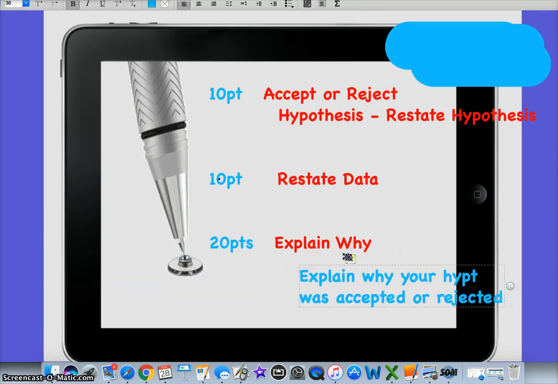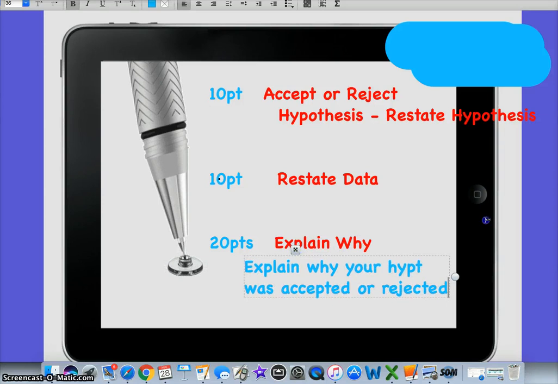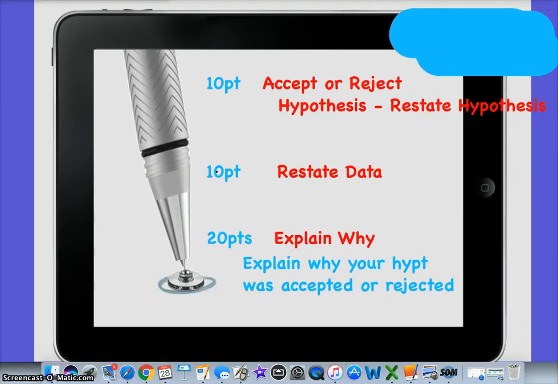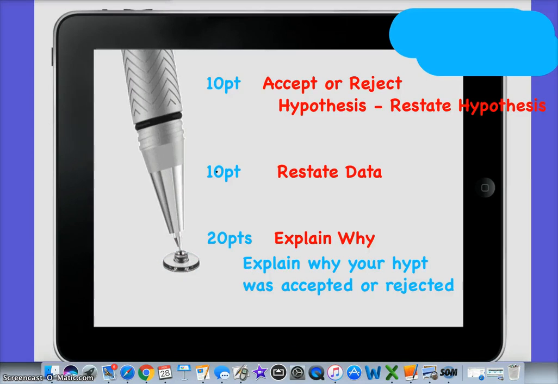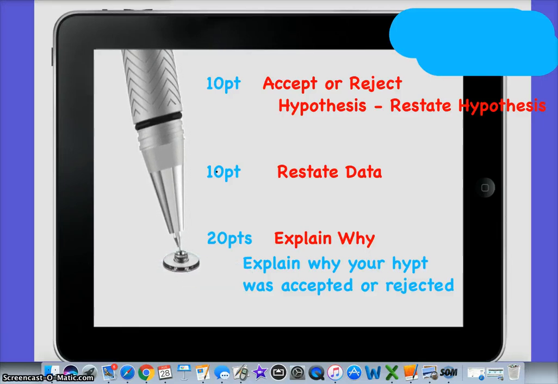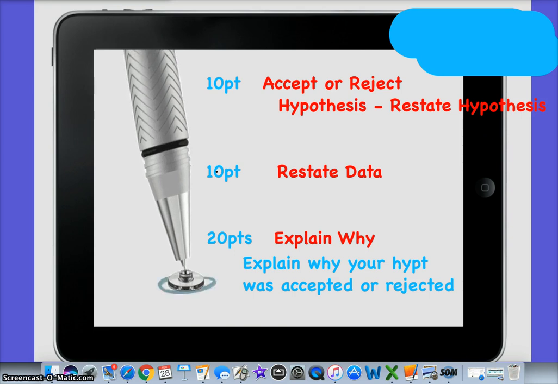If you can explain why it happened, you understand the topic. If you can't, what's the highest grade you could get? 60. No, you restated your hypothesis, you restated data, but your explanation is not good. An 80. Let's say your explanation is okay, but it's not perfect. You could get an 85, 90, 95. Not trying is the worst, okay?